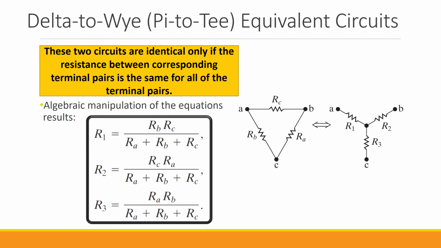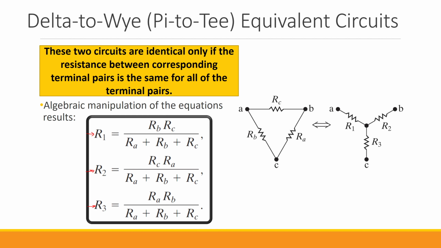I'm not going to go over the detail. You can refer to the book or do the calculations on your own. But if we do this, we get these three equations for the values of R1, R2, and R3.